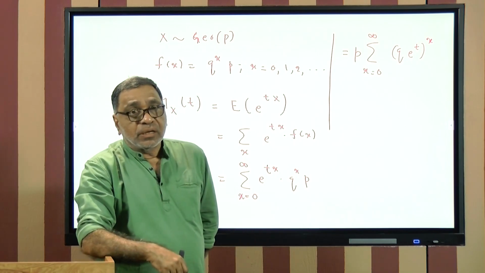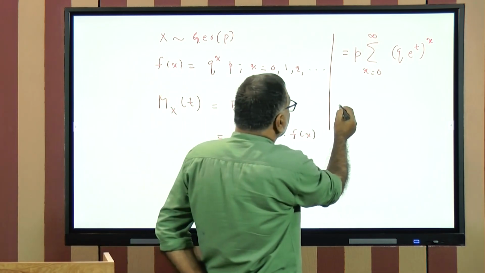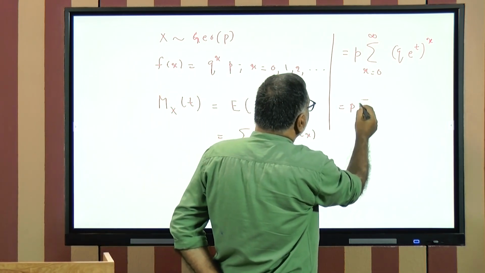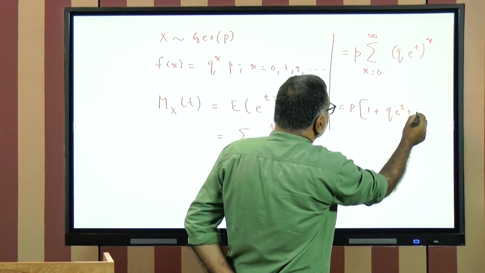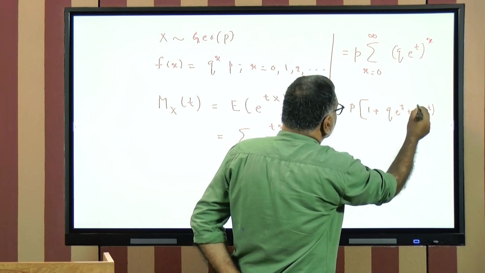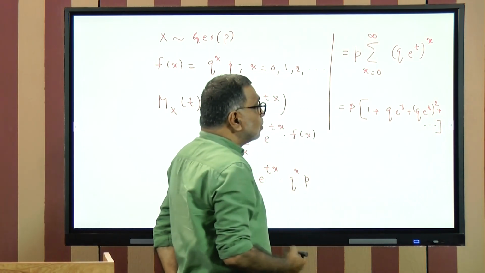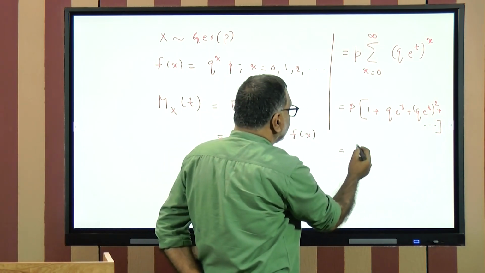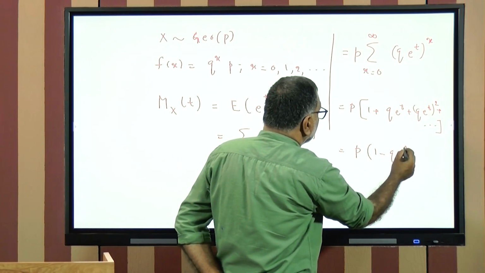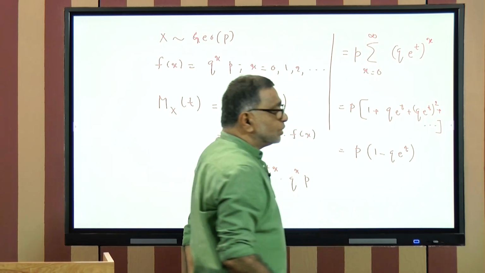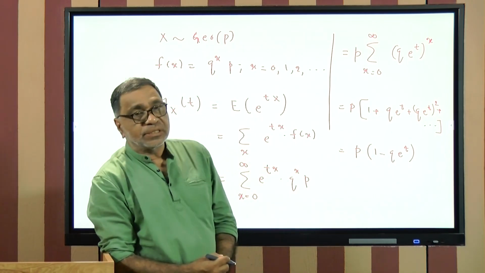Sum over x equal to 0 to infinity of (q e^t)^x, that is p into 1 plus q e^t plus (q e^t)^2 plus etc. So, that is an infinite series, and the value is equal to p into (1 minus q e^t)^(-1), provided this infinite series is convergent, that is, modulus of q e^t is less than 1.